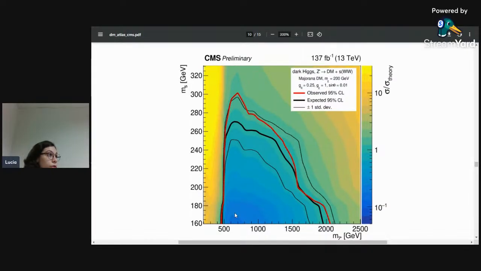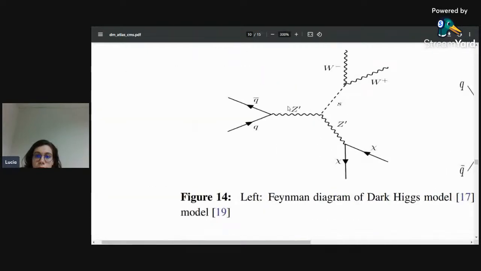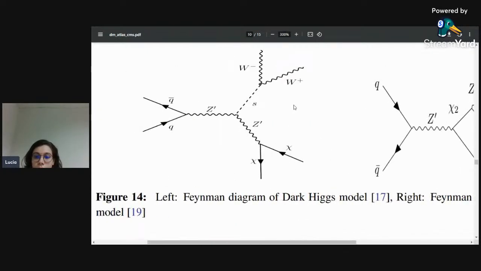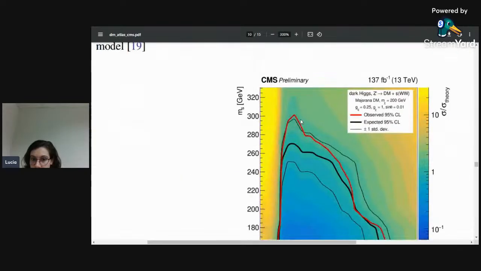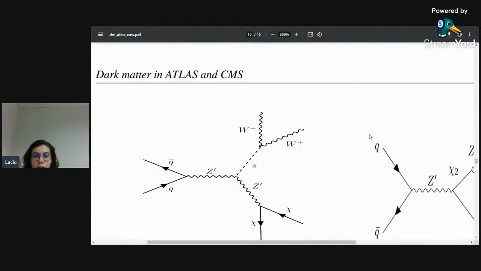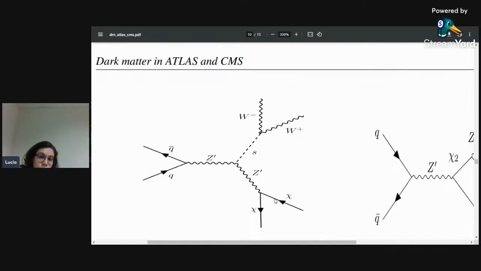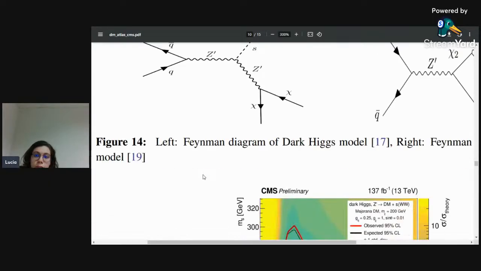The coupling, sorry, is between who? This is from the CMS. This g chi is this one, as I'm understanding, between the Z prime and the chi, and the other one is from the quarks and the Z prime. So it's only concerning the Z prime.